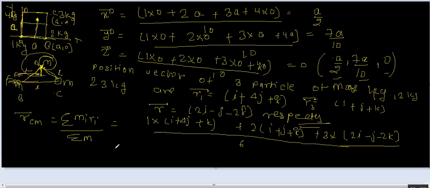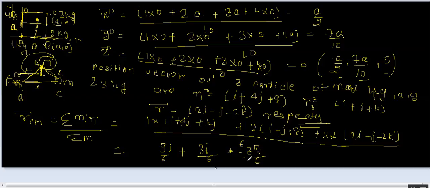If you look at this carefully, we get 1 plus 2 plus 6, that will become 9i by 6, plus 4 plus 2 minus 3, that will be 3j by 6, plus 1 plus 2 minus 6, so minus 3k by 6.